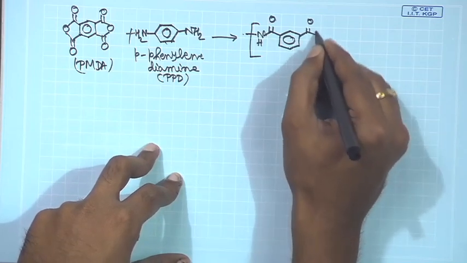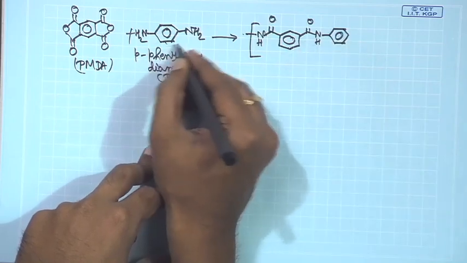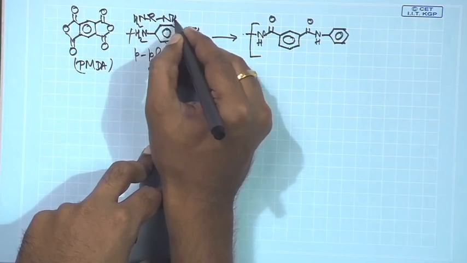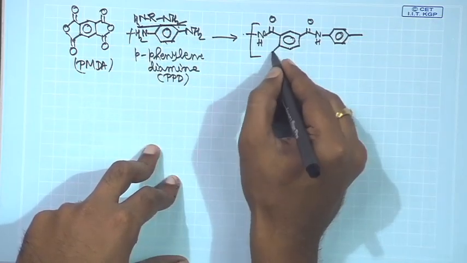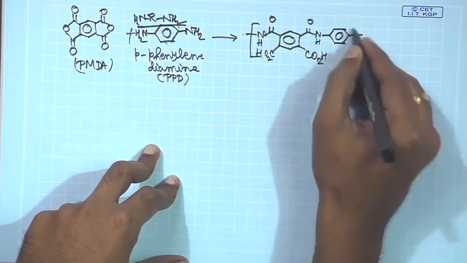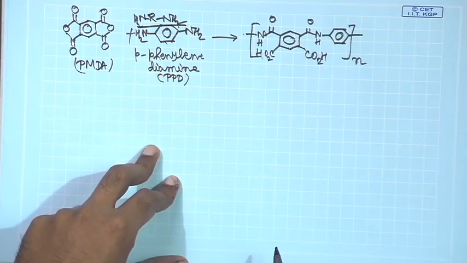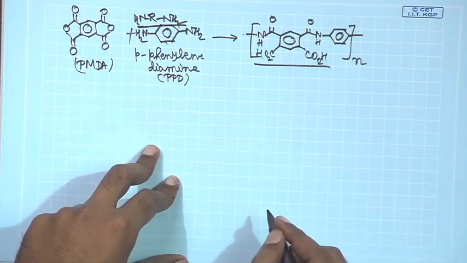So, that will be CONH R, and that R is an aromatic unit. This is your R. So, this is basically R with NH2 and NH2. Okay. So, that is your unit, and you have a CO2H here and a CO2H here, and then the whole N. All right. So, this is your product, this is your polyamic acid.